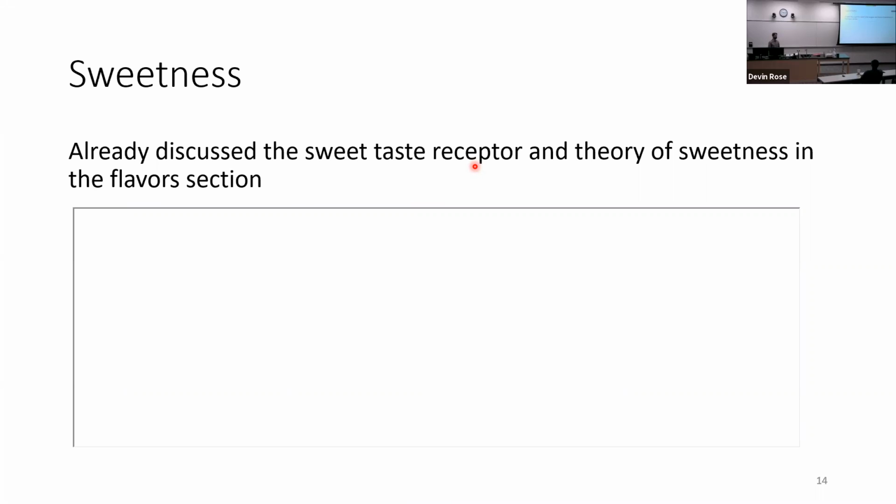But you remember that we have that sweet taste receptor that's a G protein coupled receptor that will bind to sweet molecules and then release those G proteins into the cell and then release neurotransmitters that we identify as sweet.